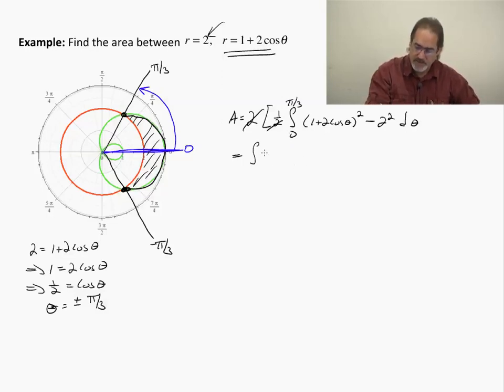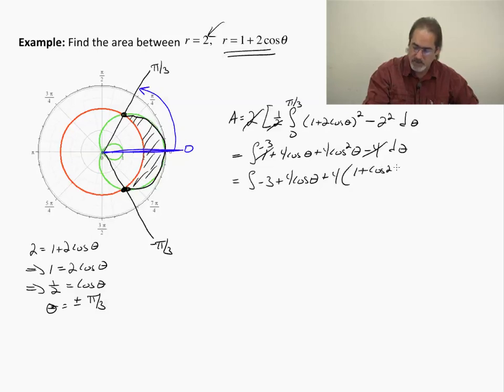The integral, obviously, I have 1 plus 4 cosine of theta plus 4 cosine squared of theta minus 4 d theta. Well, clearly these can't come together and give me a negative 3. So this is going to be the integral of negative 3 plus 4 cosine of theta plus 4 times 1 plus cosine of 2 theta over 2 d theta.